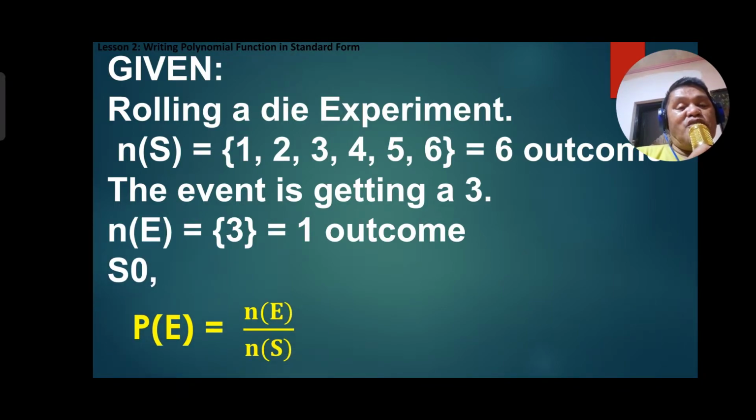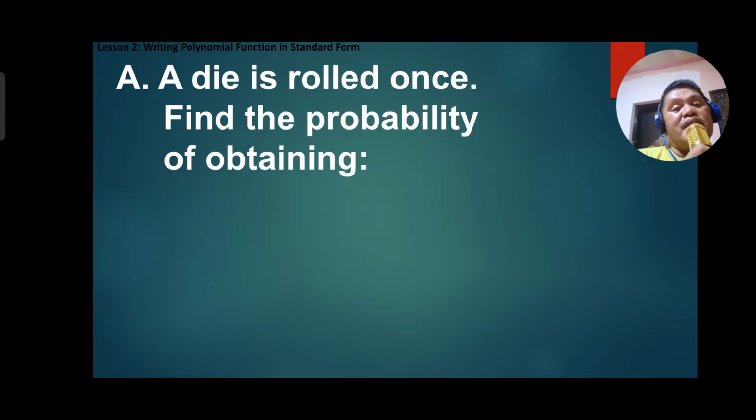The probability of the event is equal to the number of outcomes in the event over the number of outcomes in the sample space, which is 1 over 6. So the probability of obtaining a number 3 is 1/6.